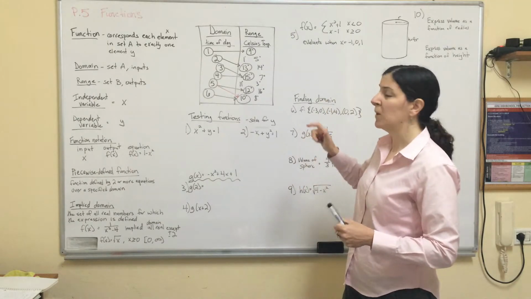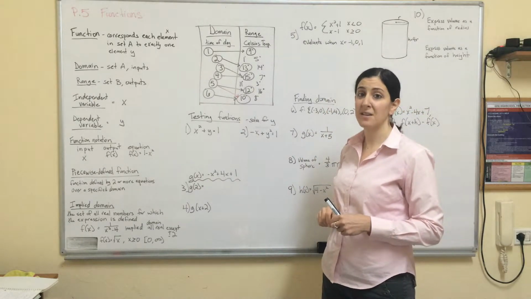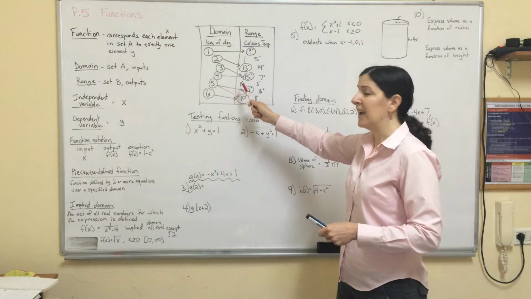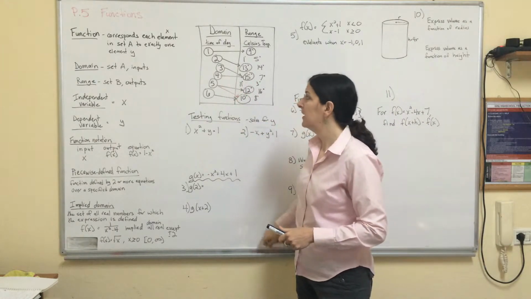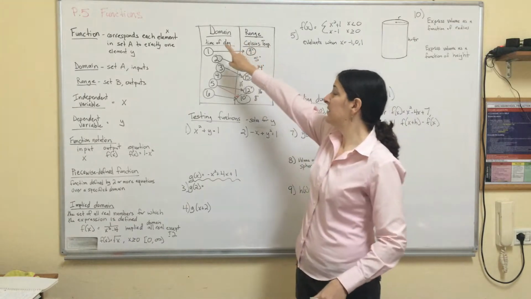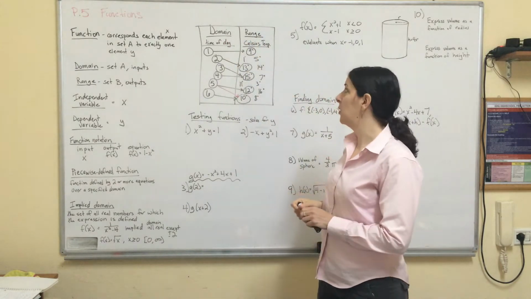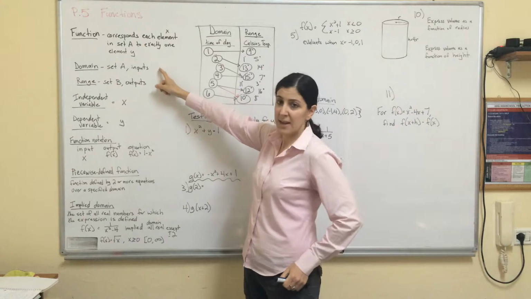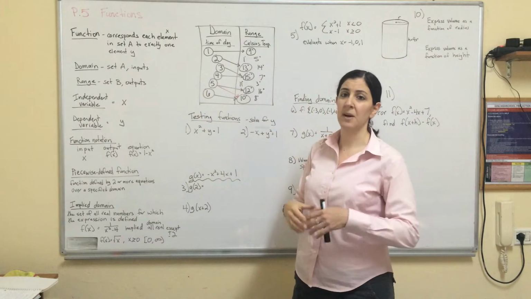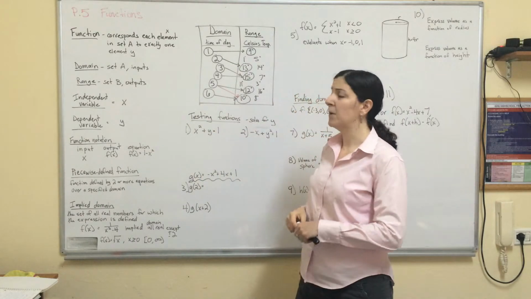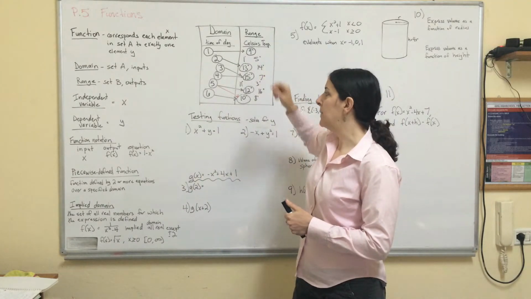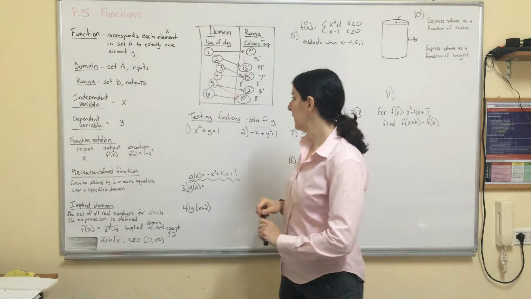In general, it will not be classified as a function if set A has two answers from set B. You notice I've labeled these on the top, the domain and the range. The domain is going to be the inputs, what's going into the function, and the range is what comes out, that's set B of the function.